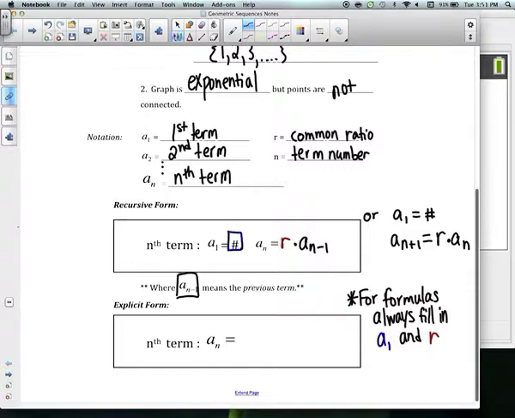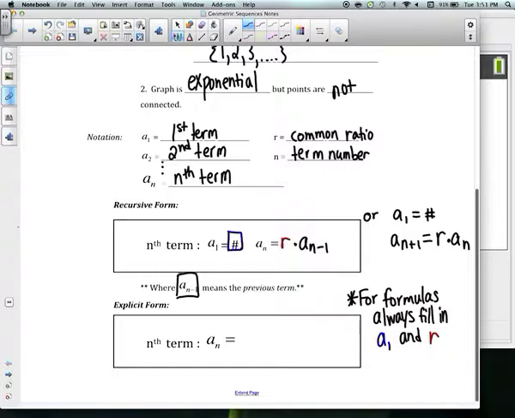That's a little different looking. You'll see that a little bit more sometimes on standardized tests. So I just wanted to throw that in there in case you see that format of it. And when we go through different problems and reviews, that may show up for generating a sequence.